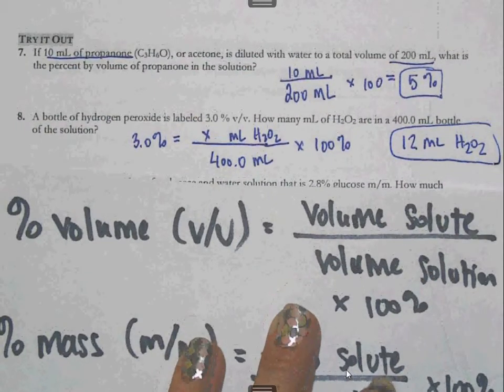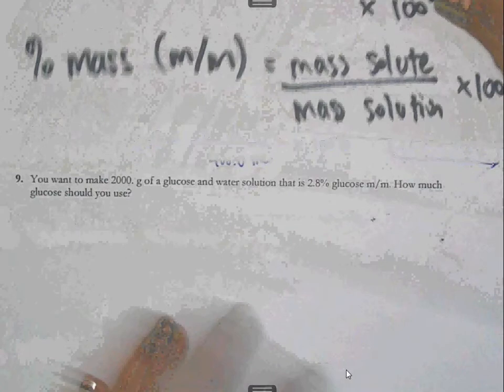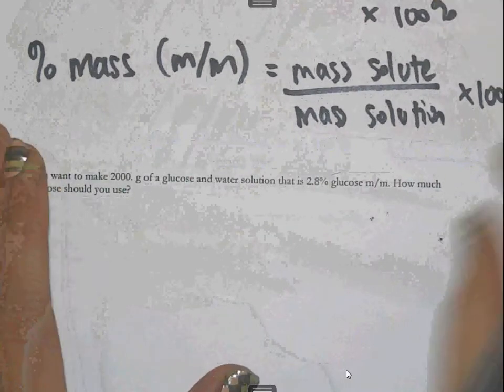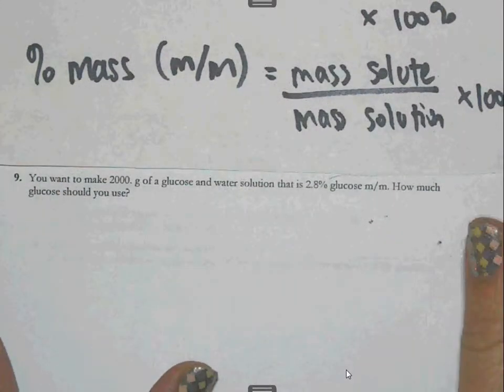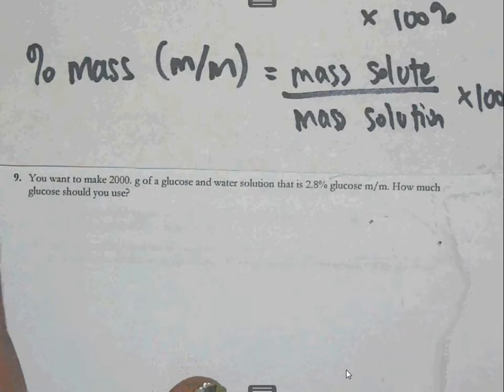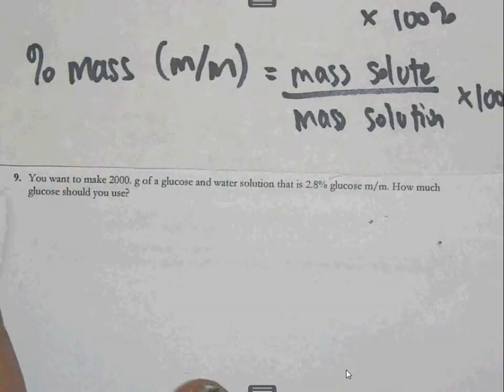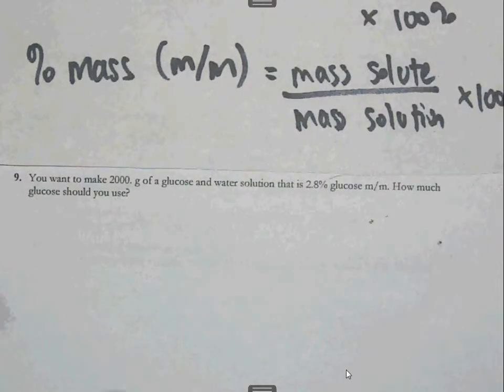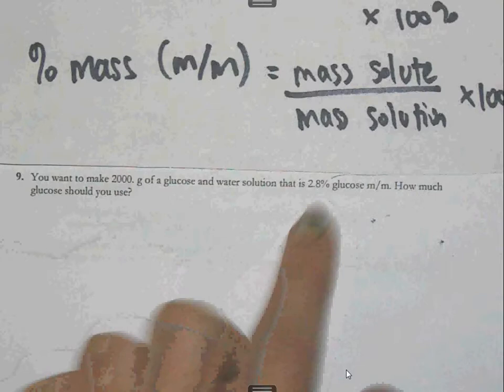My last one says you want to make 2,000 grams of a glucose and water solution that's 2.8% glucose mass by mass. How much glucose should you use? Well, this time it's kind of like last time, it's a little backwards.